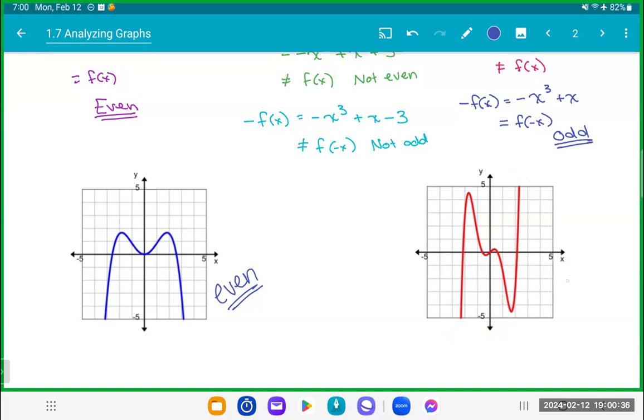And so this right here would be said to be one of those odd functions because we could fold it in a way on the origin that all of the pieces lay over. So if we took this corner and mapped it up with this corner, and how those pieces might lay together.